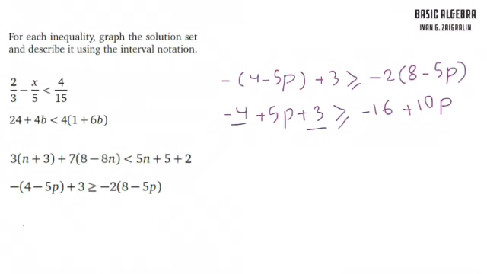So 5p minus 1 is greater than or equal to negative 16 plus 10p.